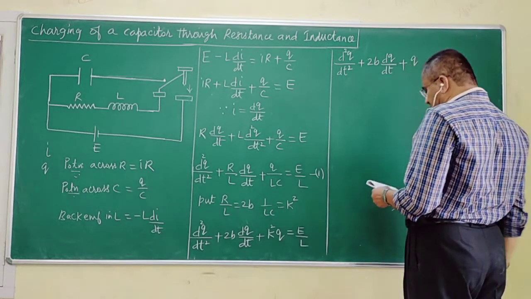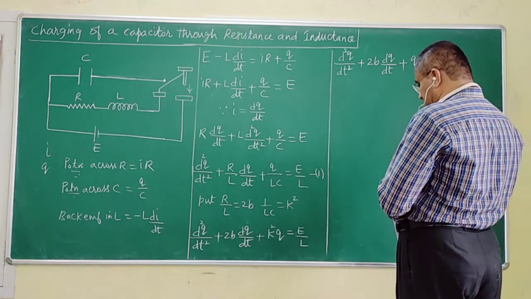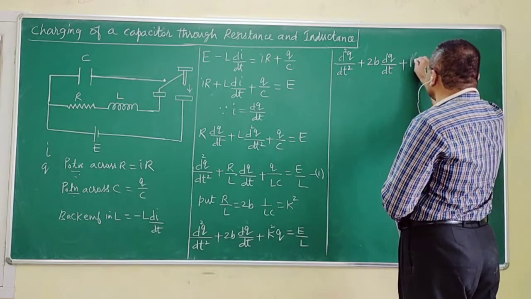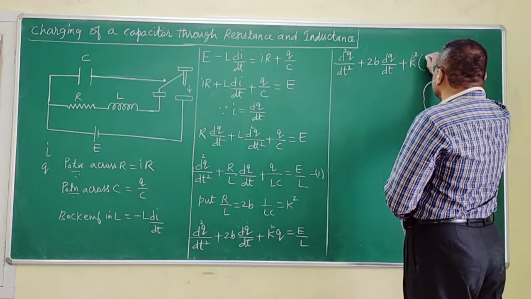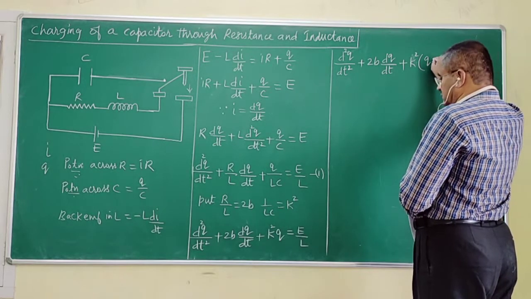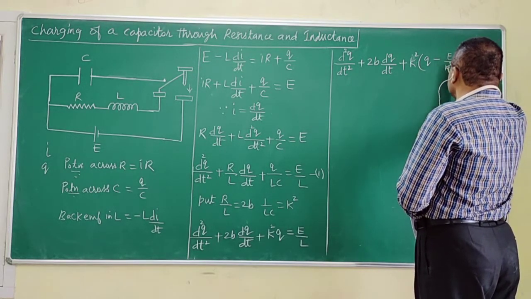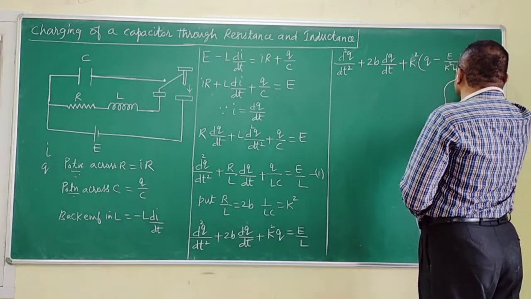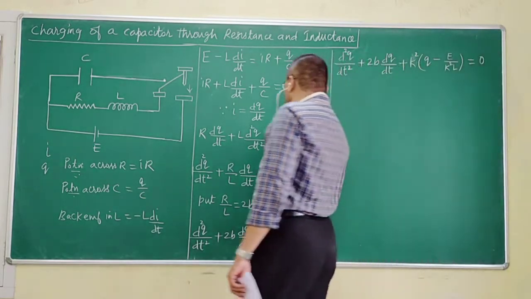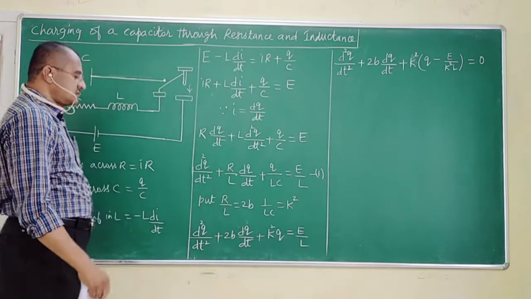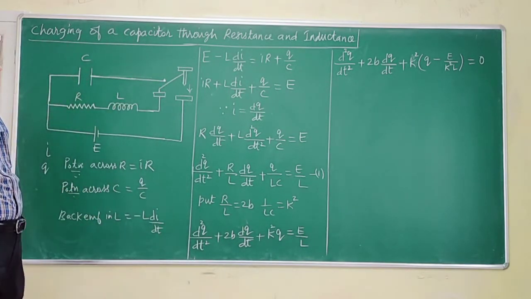Take k squared as common. Then it will be k squared times q minus E by k squared L is equal to 0. Is that clear to you?